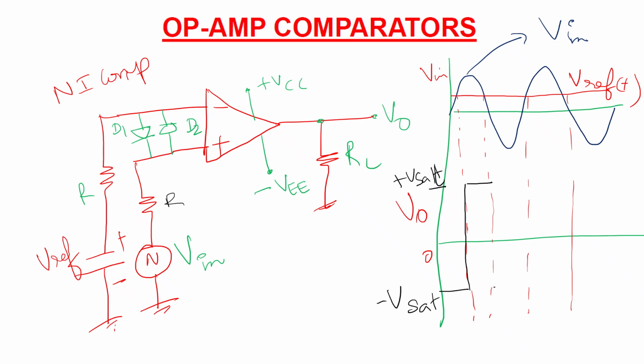A waveform is generated in this manner, and this is the output generated by the comparator. So a sinusoidal wave is converted to a rectangular pulse wave in a comparator. In this way, the comparator compares the input signal with the reference signal and the waveforms are generated.